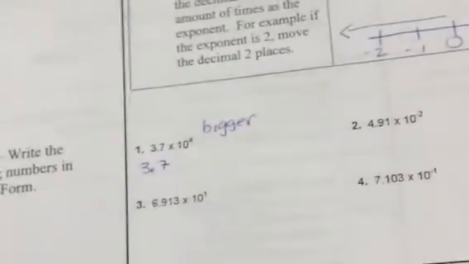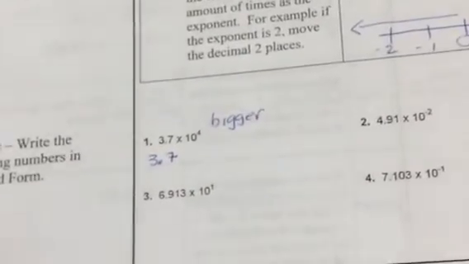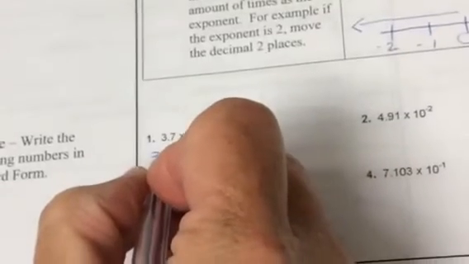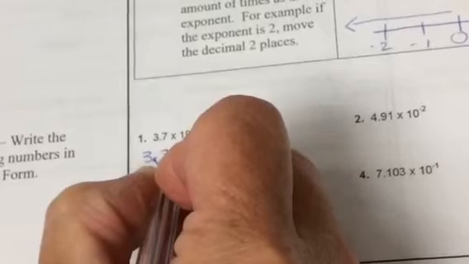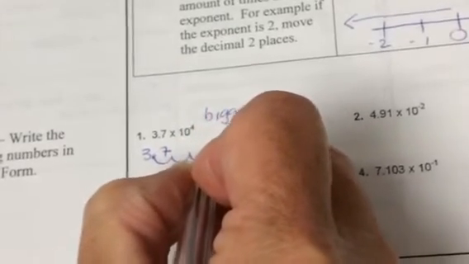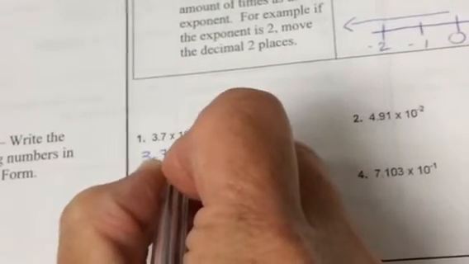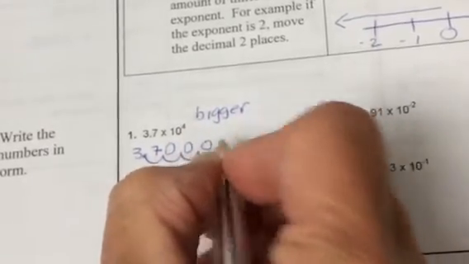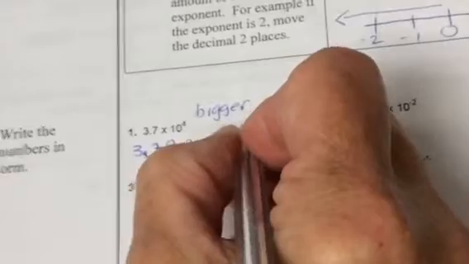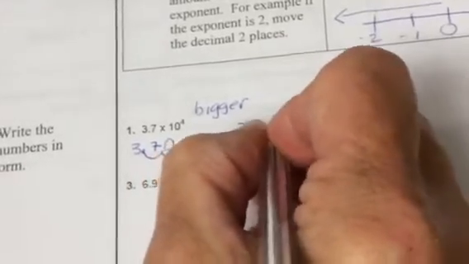In order to make a number bigger, we move to the right. We're moving the decimal to the right. And we're going 4 spaces to the right. So we count 1, 2, 3, 4. 4 spaces to the right. We fill in gaps with 0. And we end up with 37,000.